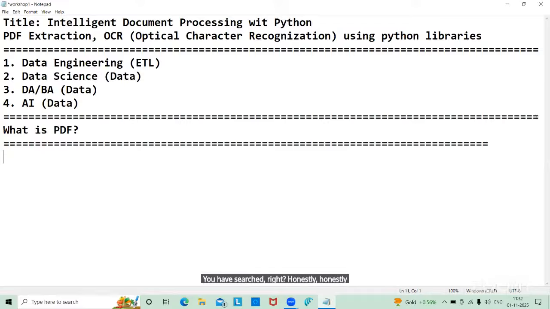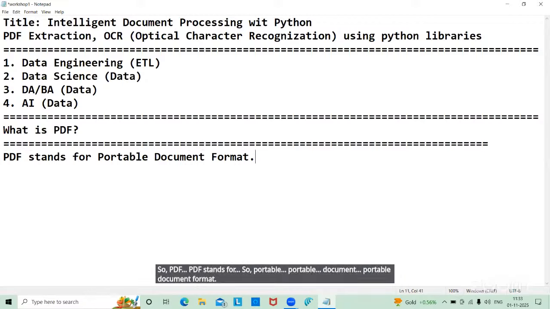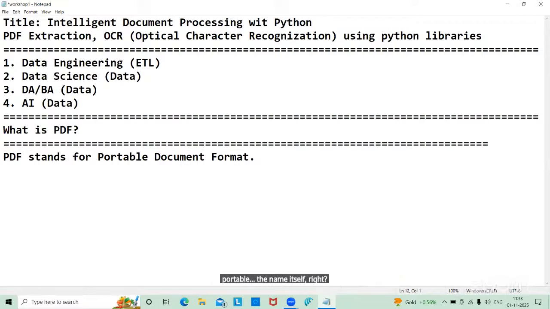So PDF stands for portable document format. Portable, the name itself, right? Portable means it is a format which is portable across hardware.